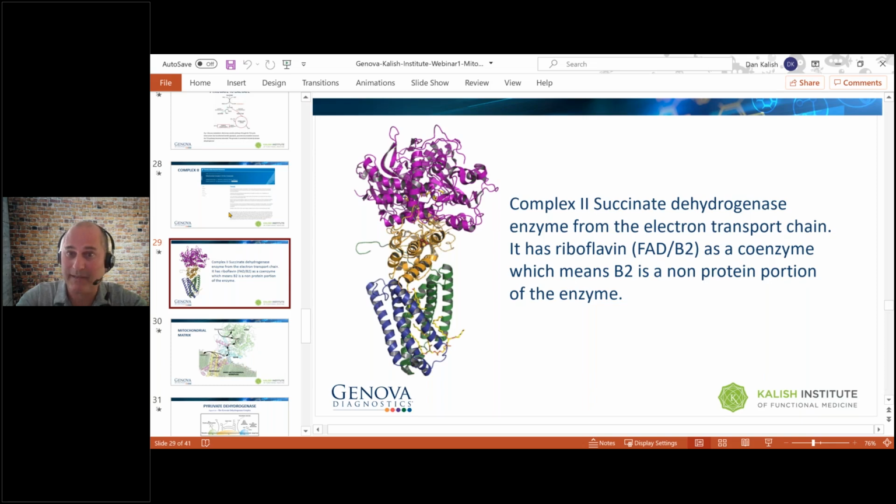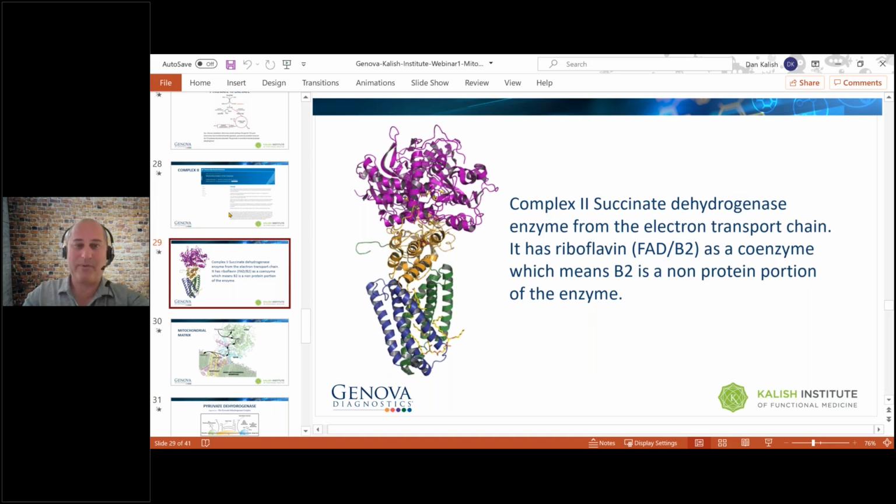If there's not enough B vitamins, in this case it's riboflavin, then that's the coenzyme, right? But it's essential for the enzyme to work. So again, look at the structure and kind of memorize what that looks like. You can see the little ribbony things at the bottom and the fluffy little thing at the top. There's a reason why those little ribbony things are there, and that's another quiz question for you.